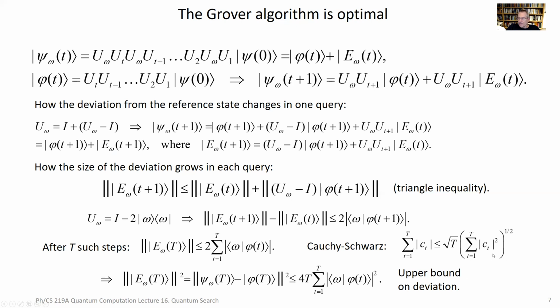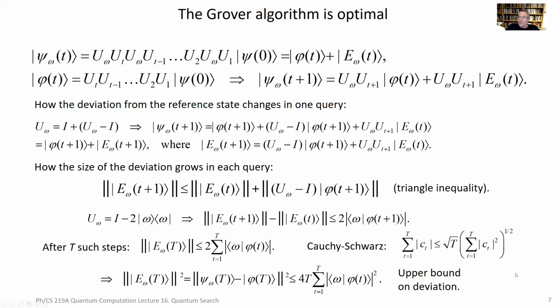In other words, the sum over little t of c sub t squared, square root of that quantity. You may be familiar with Cauchy-Schwarz as saying that the absolute value of an inner product is less than or equal to the product of the norms of the two vectors in the inner product. This is just a special case of that.